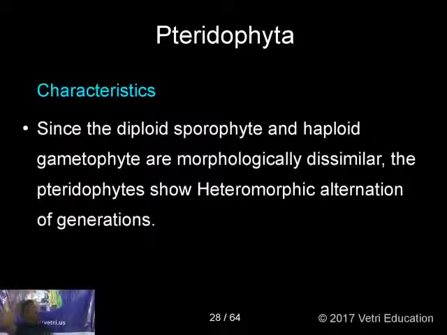Since the diploid sporophyte and haploid gametophyte are morphologically dissimilar, the pteridophytes show heteromorphic alternation of generation. Here the gametophytes are very small, as I told, this prothallus, a heart-shaped one, whereas the sporophytes are very big. So you can find the different size and structure, heteromorphic alternation of generations, in pteridophytes.